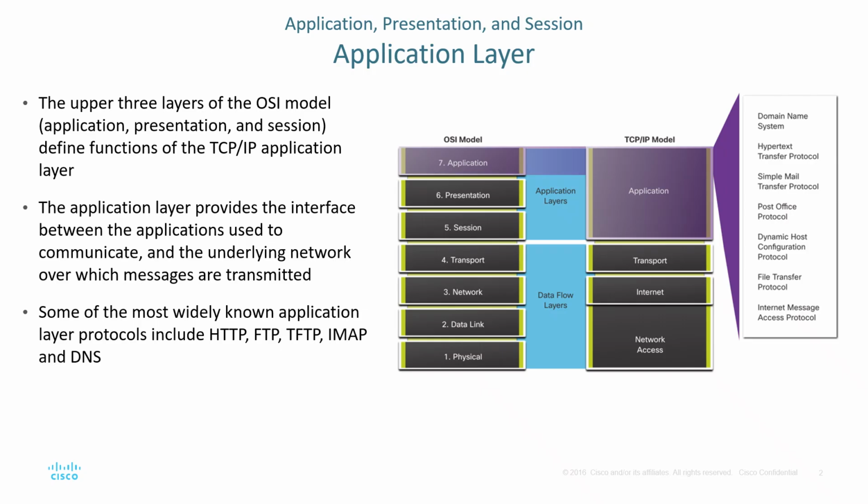DHCP is 67 and 68, one for the client request and one for the server response. File transfer is 20 and 21, one to establish a connection and the other one to push the data. And then Internet Message Access Protocol, this one I always forget. I don't want to misspeak, so you're going to have to look that one back up. I don't use it that often, so I always forget what the port number is associated with it.